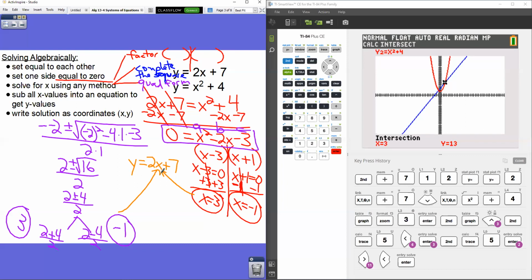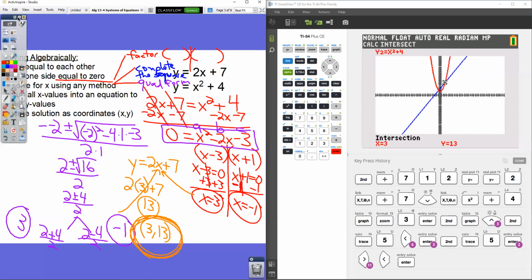Using the 3 first, I would have 2 times 3 plus 7. 2 times 3 is 6. 6 plus 7 is 13. So my one answer is 3, 13.